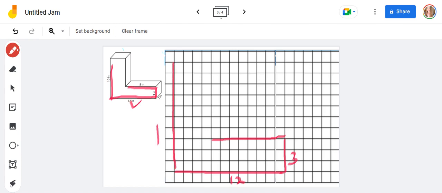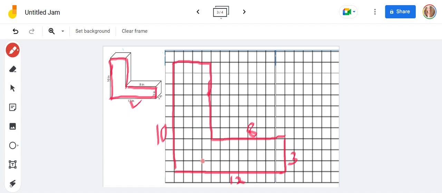And I'm going to label this side 10. I also forgot to label this side 8. And then I want to connect these. So I'm going to go straight up and go over until I connect it. So you'll notice I've traced this flat 2D shape.